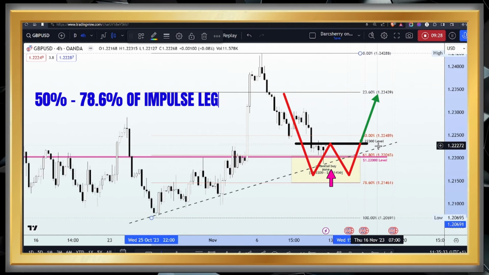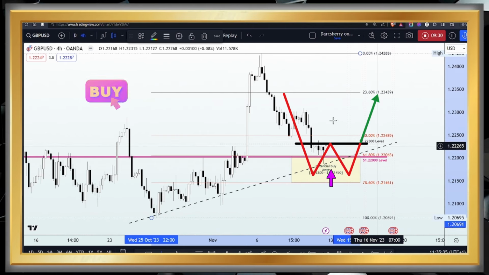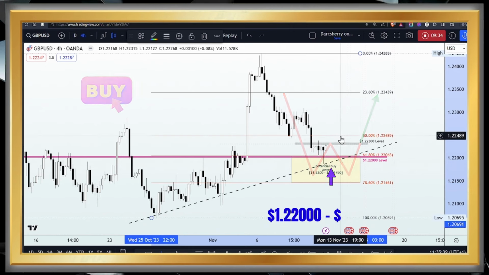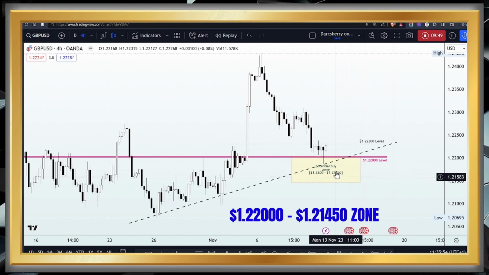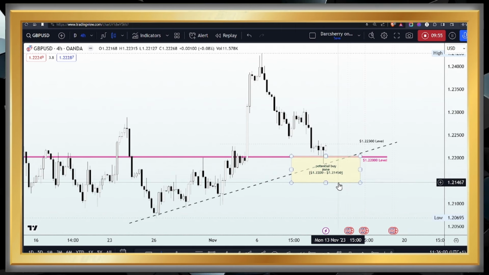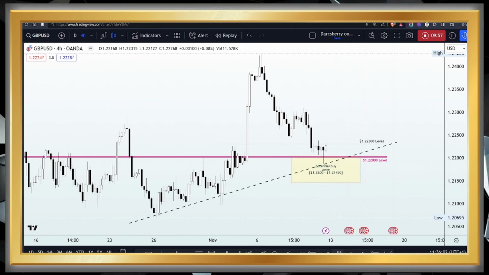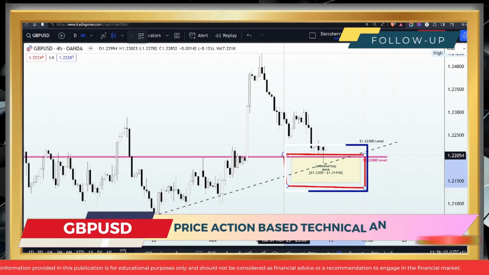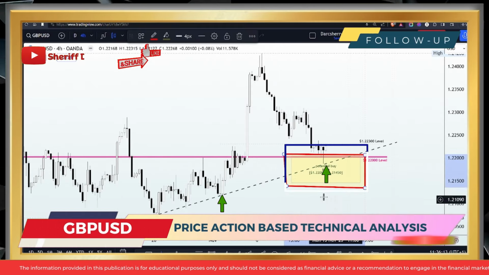And in fact, the appearance of a reversal setup here will be a good opportunity for us to join an uptrend move. So I'm looking at between the 1.2200 area and the 1.21450 as an area to look out for buying opportunities. And one interesting thing about this zone is how it shares a confluence with that ascending trend line.